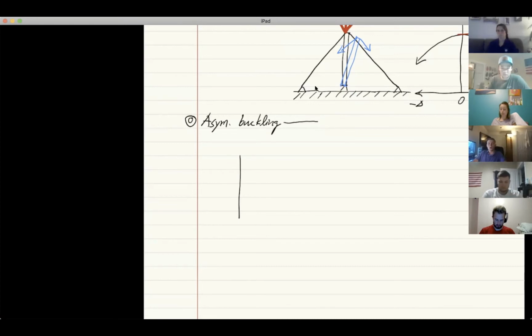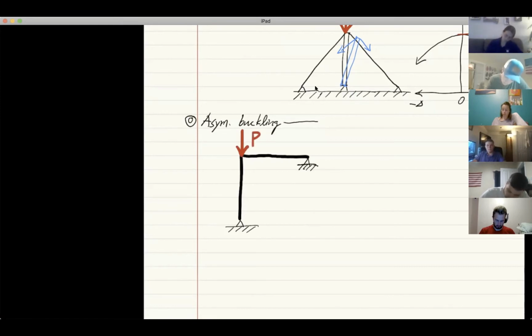Let me try this. Loading is at the top, like this. Suppose we have a frame, and like this.